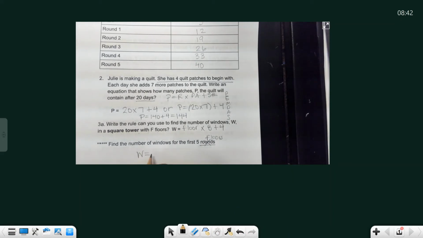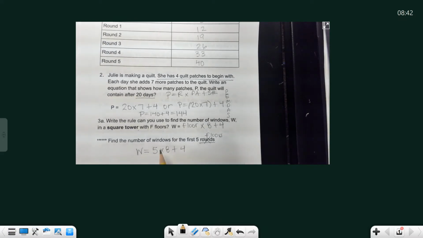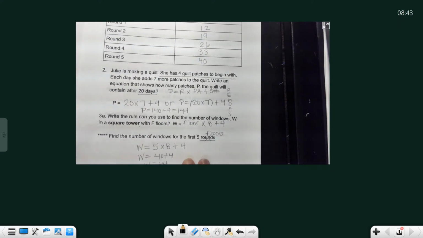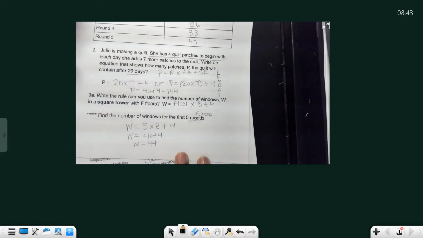So we're going to have W equals 5 times 8 plus 4. Same thing. This is an order of operations. You have multiple operations in this expression. So what do we solve first? Multiplication.